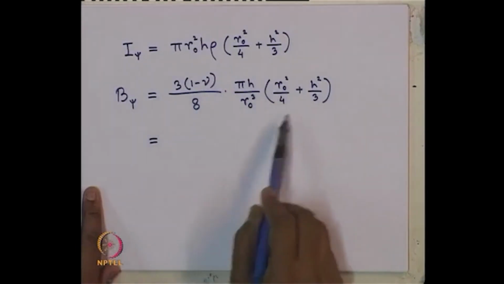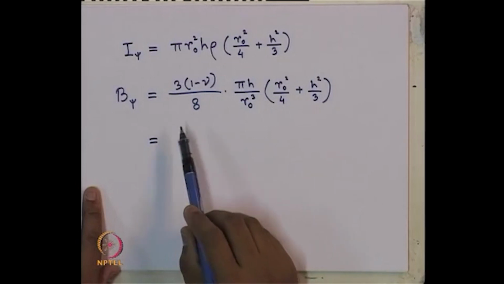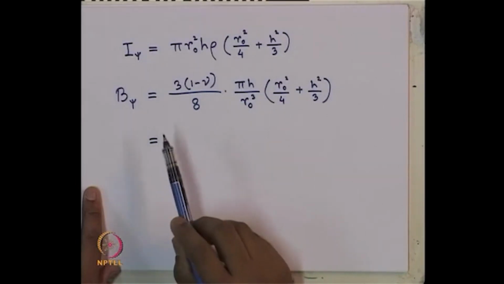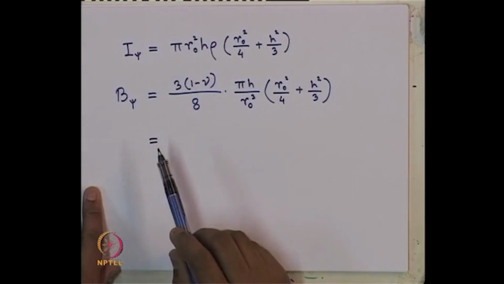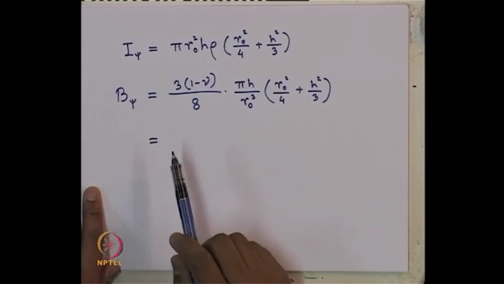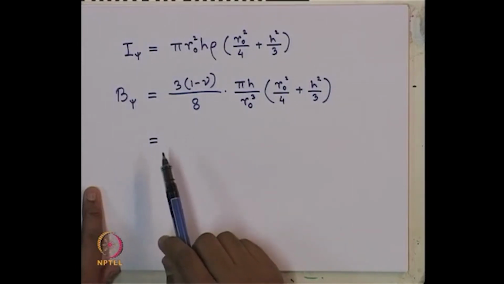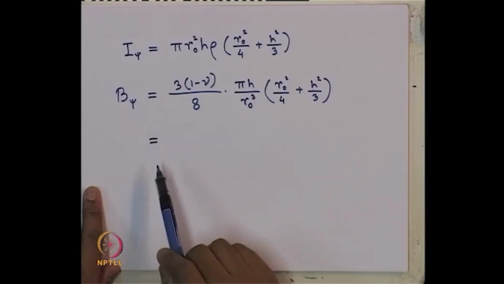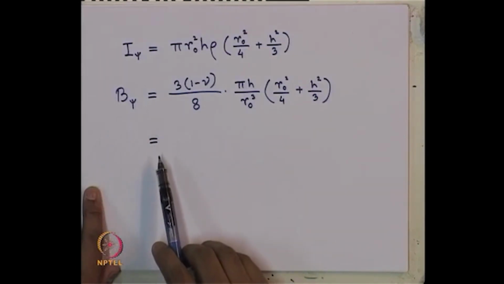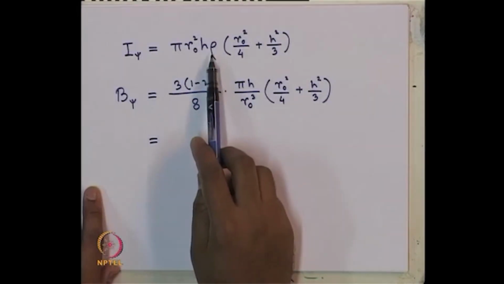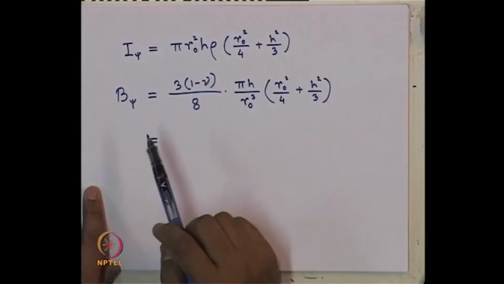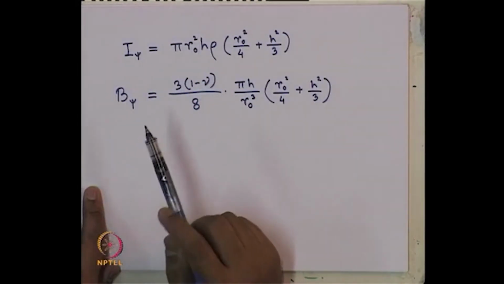So, it is not a function of different G values. So, B psi, unlike the case of vertical and horizontal mode of vibration, in case of rocking mode of vibration, by simplifying in this fashion we can get a constant B psi. But if you plan to use a different rho value corresponding to different G, then you will get marginally different B psi value. Okay.